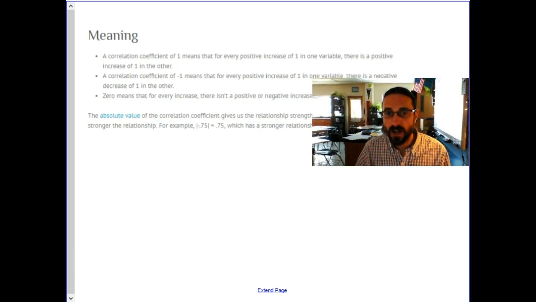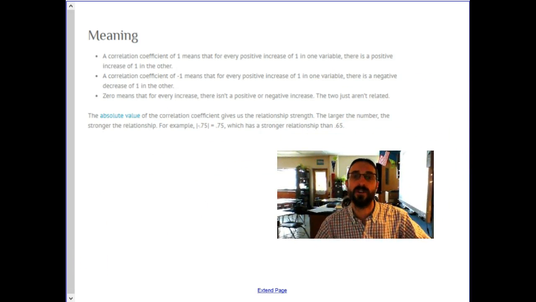So other important things to note here, again, pause the lecture if I'm going too fast. Because these values go from 1 to -1, what it really means is as you increase x by 1 unit, if it has a +1 correlation, that means you increase y by 1 unit. -1 correlation is as you increase x by 1 unit, you decrease y by 1 unit.